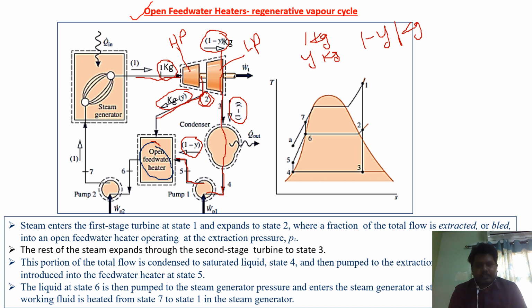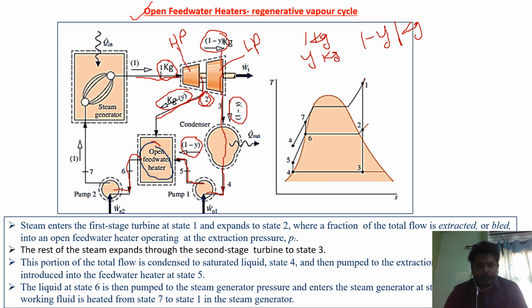Due to the temperature difference between the extracted steam and condensed water, the temperature of the condensed water will increase. So this increased temperature water will enter into pump 2.